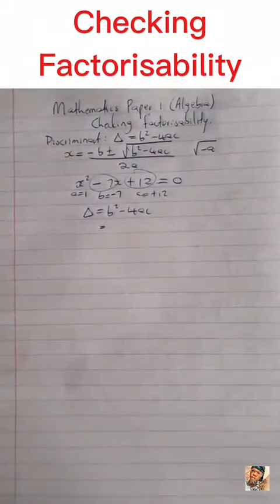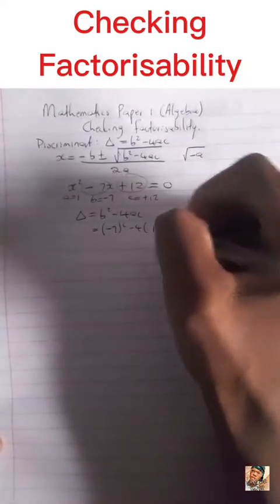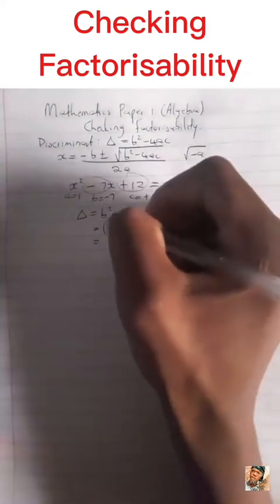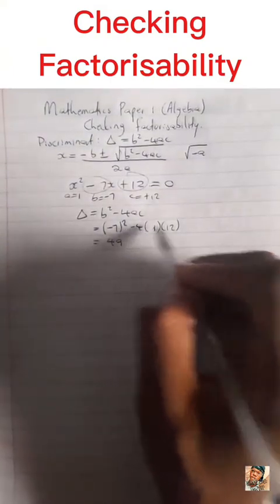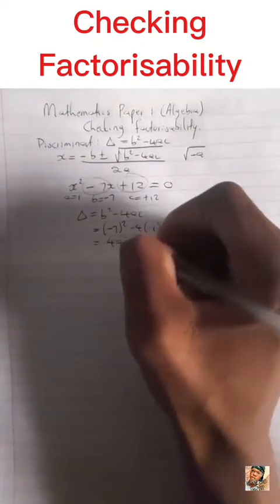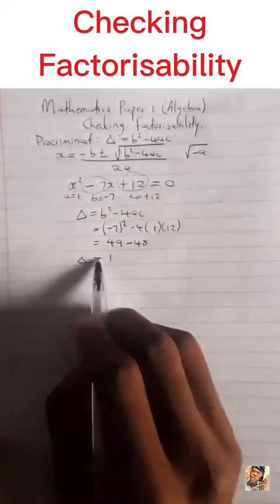So we're just going to substitute the values of a, b, and c into this discriminant and say b is negative 7, so negative 7 squared minus 4 into a, which is 1, multiplied by c, which is positive 12. Now negative 7 squared, even if you press it into the calculator, you're going to get positive 49. And then negative 4 multiplied by 1 is negative 4, negative 4 multiplied by 12 is negative 48. Now 49 minus 48 is 1. So now the discriminant is equal to 1.